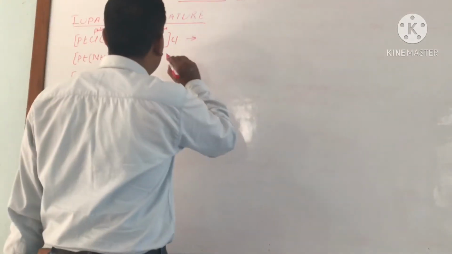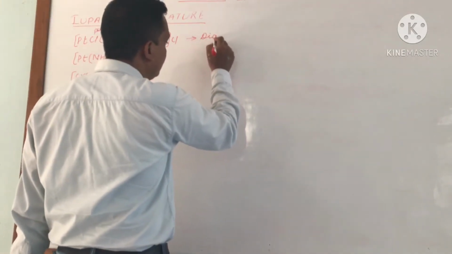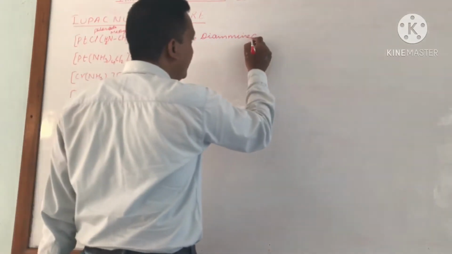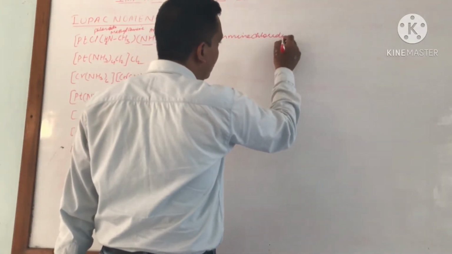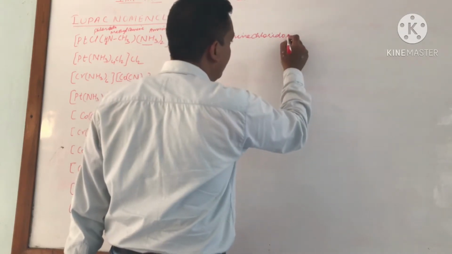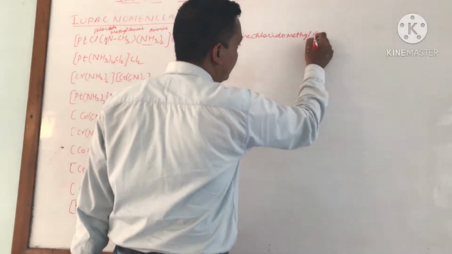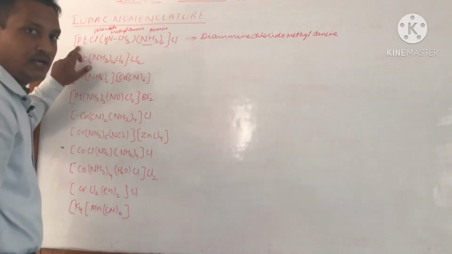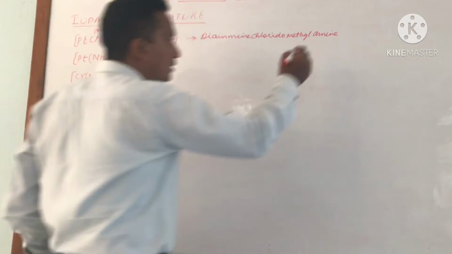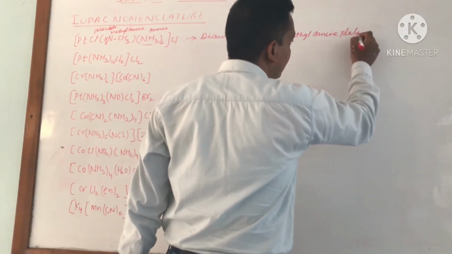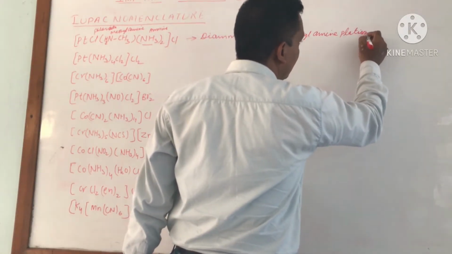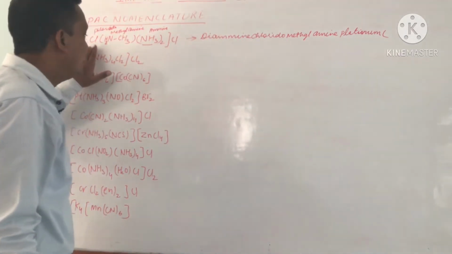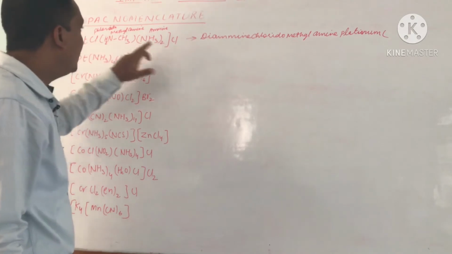So first of all we write diamine, chlorido, then methylamine, then we are to write the name of the metal, platinum, and it has valency 2, negative and negative.